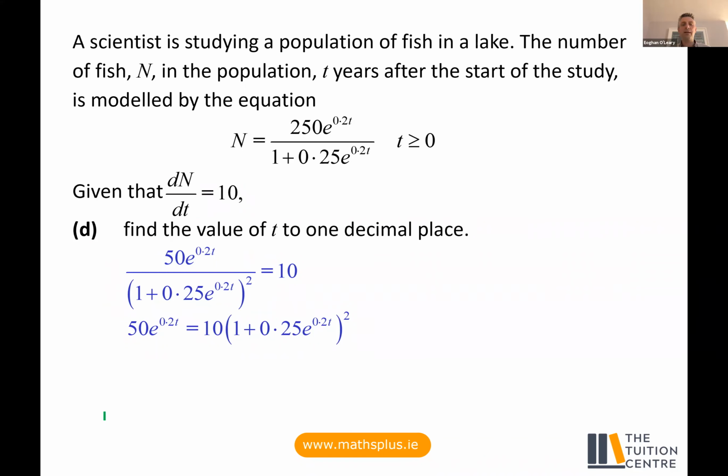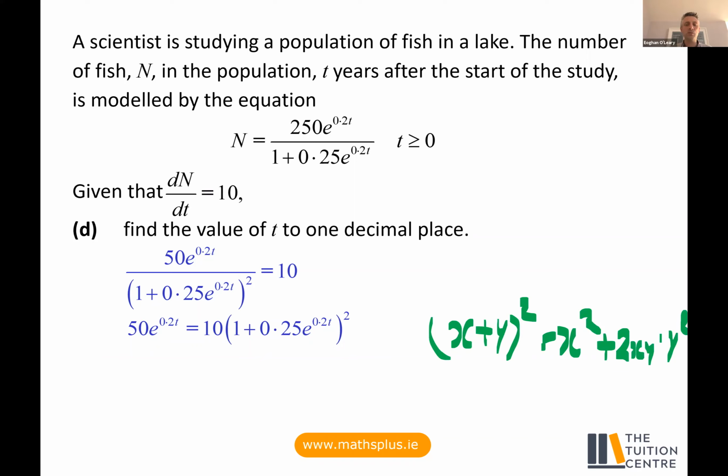I'm going to have to square out the bracket. Remember, if you have x plus y squared, you square the first, you square the last, you multiply the first times the last and double it. Same idea here. I'm going to square the first, so I get 1.